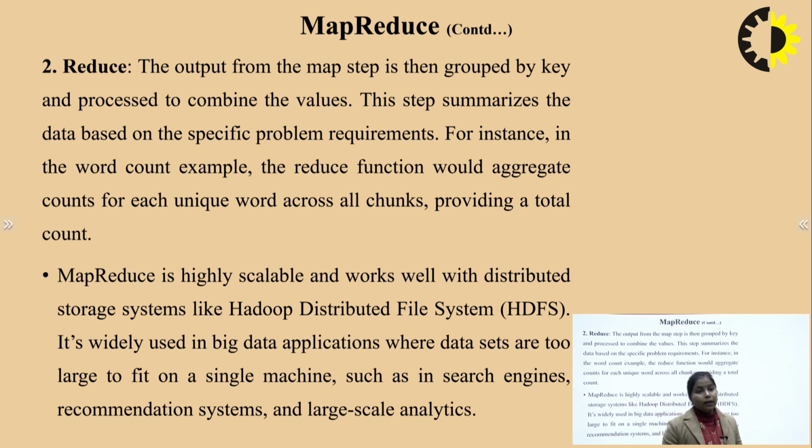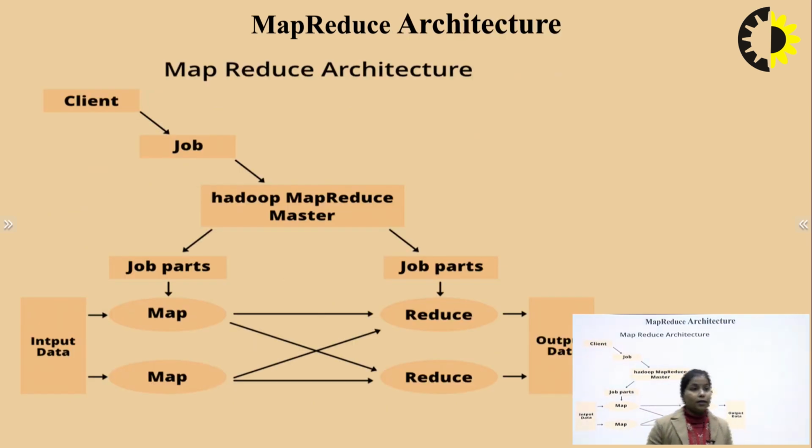MapReduce is highly scalable and works with distributed storage systems like Hadoop Distributed File System, and it is widely used in big data applications where data sets are too large to fit on a single machine, such as in search engines, recommendation systems, and large scale analytics.